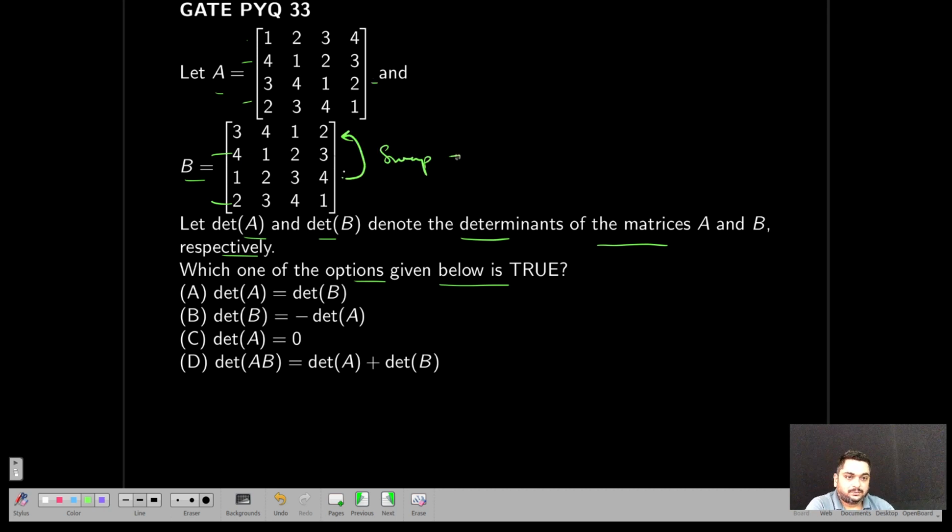Swapping this will change the sign of the determinant. If determinant is A, after swapping, it becomes minus determinant of A. Because I swapped it only once, the sign changes. So this will be determinant of minus A.